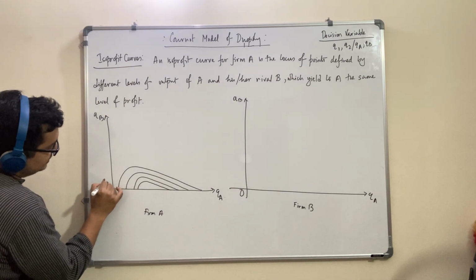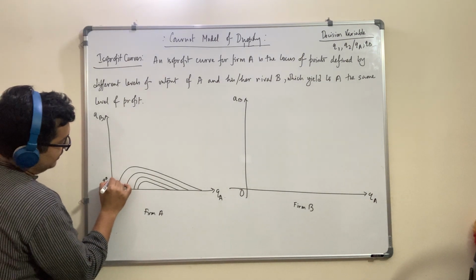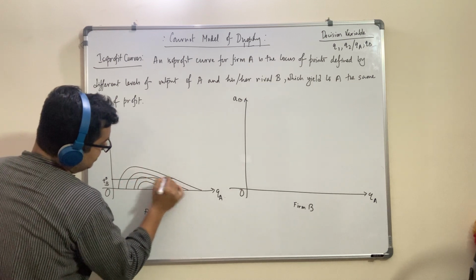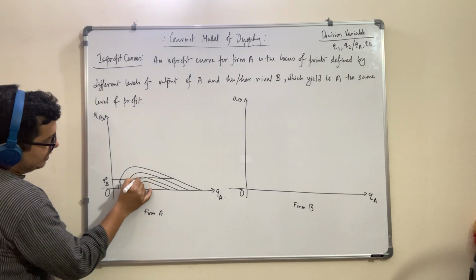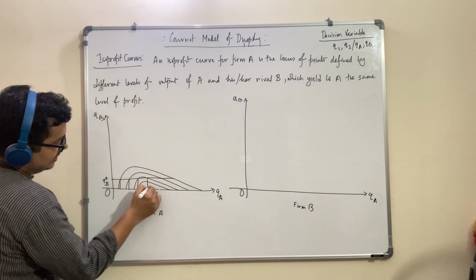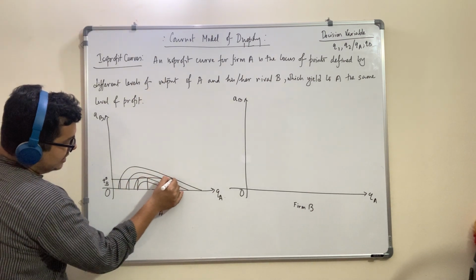Now here is something interesting to note. For example, take this output QB naught. If I draw a line like this, look at how many levels of quantity of A it touches. There are so many quantities.